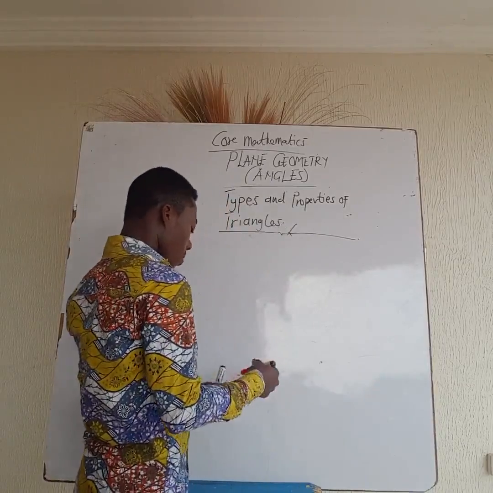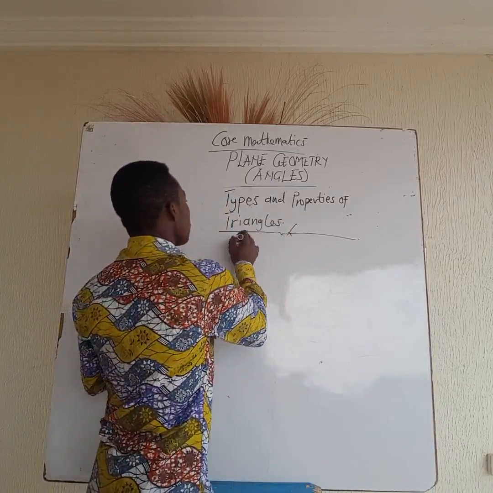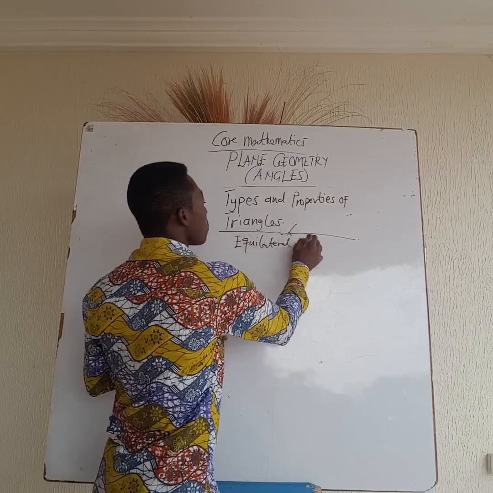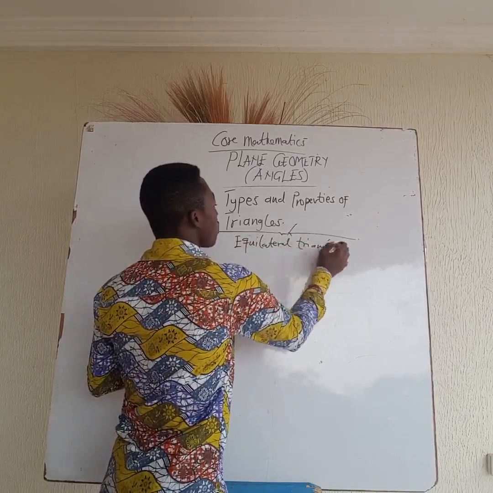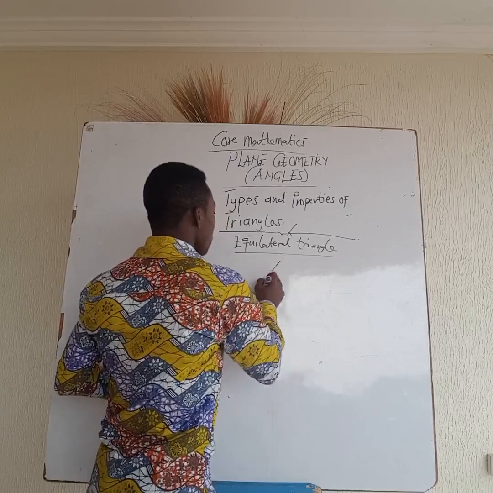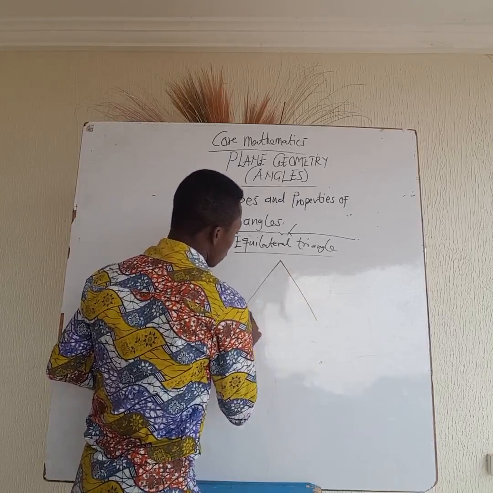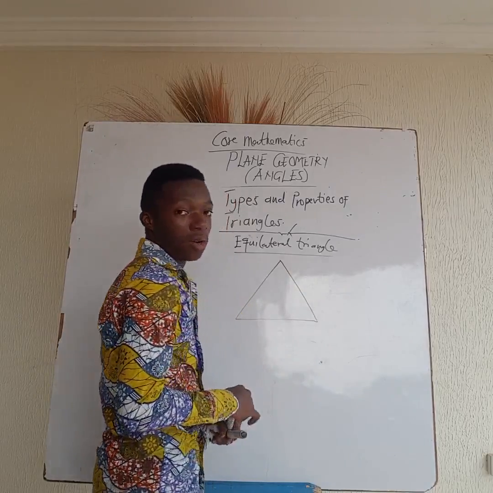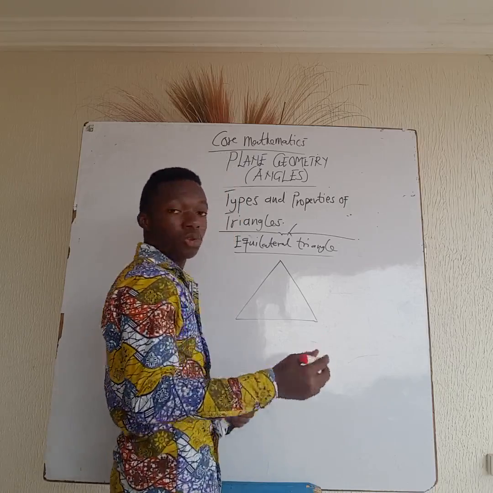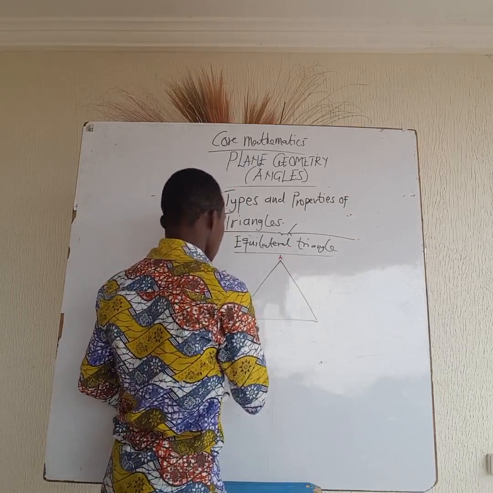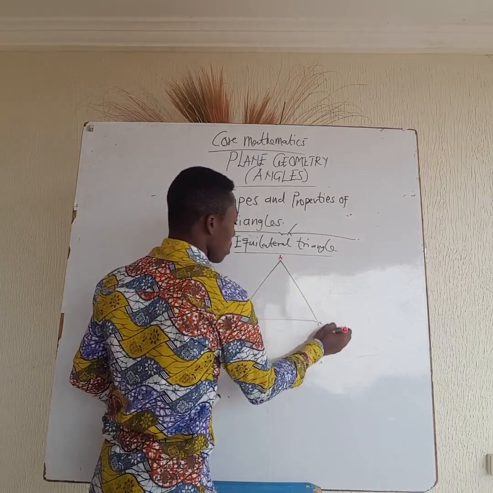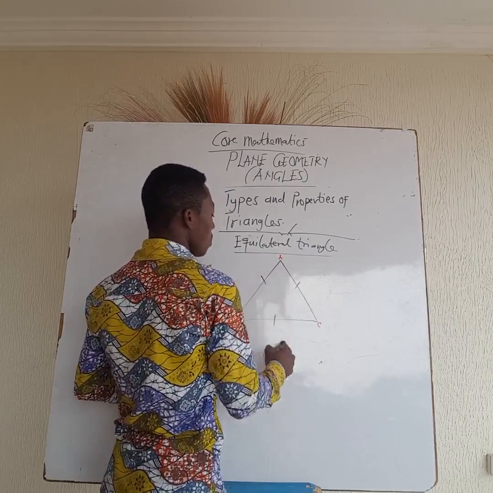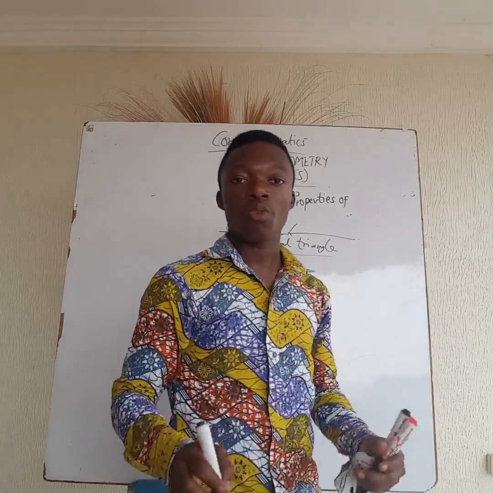So if this is my equilateral triangle, we are saying that an equilateral triangle has all sides equal, and so we will indicate this to show that they are equal.